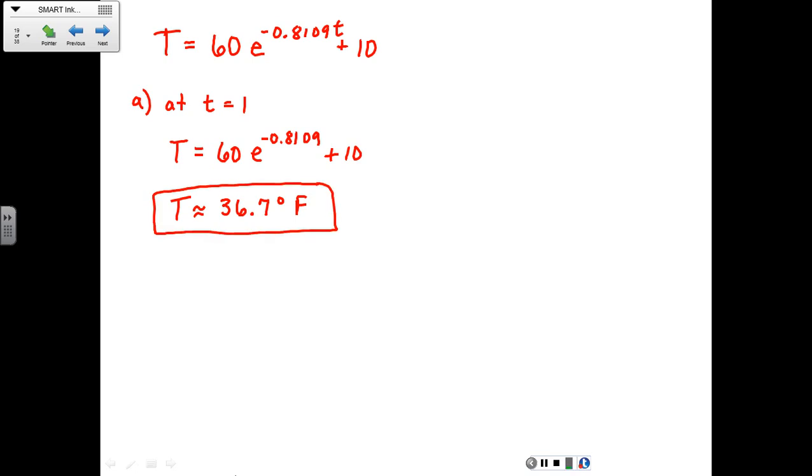Okay. So B question says, how long is it going to take for the thermometer to read 15 degrees? To read 15. So that's going to be 15 equals 60 e to the negative 0.8109 T plus 10. So you're just going to solve for T here.